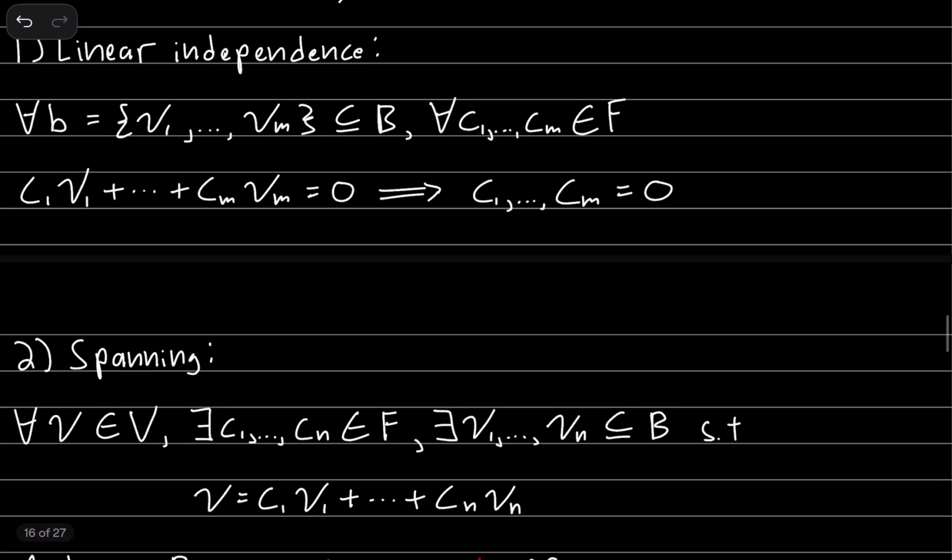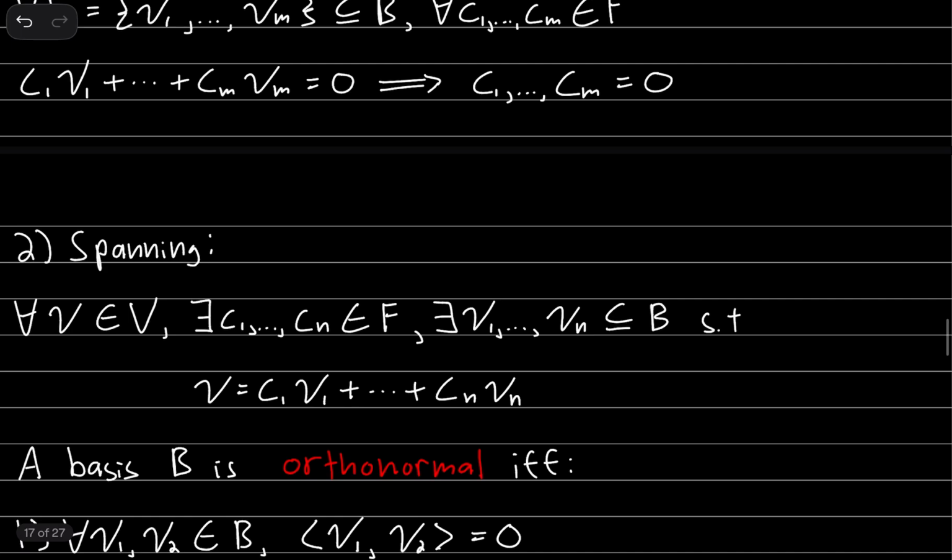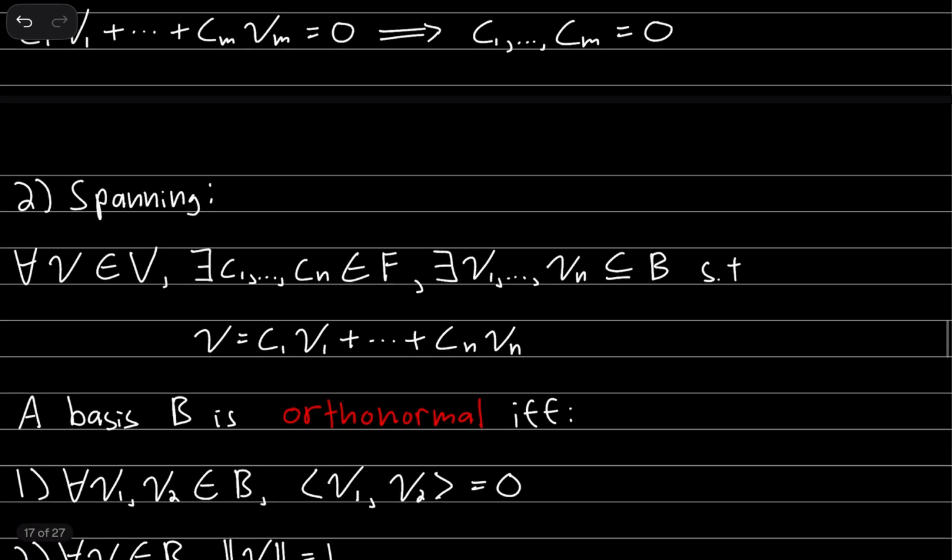And spanning, so the basis has to span the space, meaning that for any vector v in this vector space, there exist coefficients c1 through cn and basis vectors v1 through vn, such that v is a linear combination of these basis vectors. So essentially, any vector in the space can be represented as a linear combination of these basis vectors.